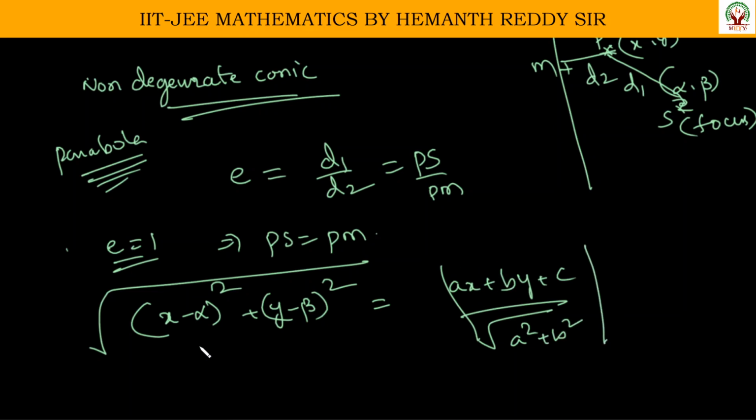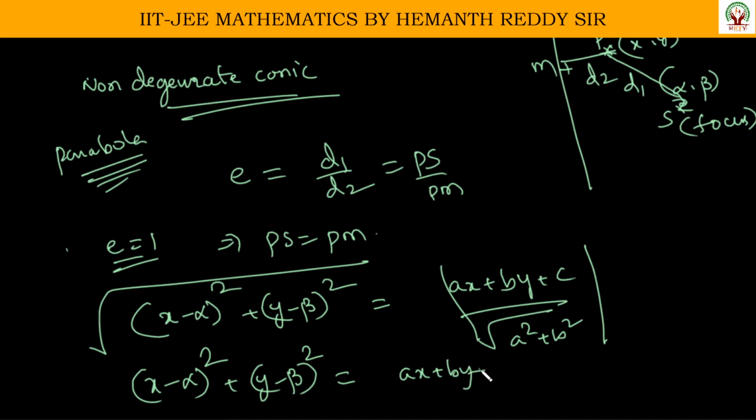So you get x minus alpha whole square plus y minus beta whole square equal to ax plus by plus c whole square by a square plus b square. This is the equation of the parabola whose focus is alpha comma beta and directrix is ax plus by plus c.